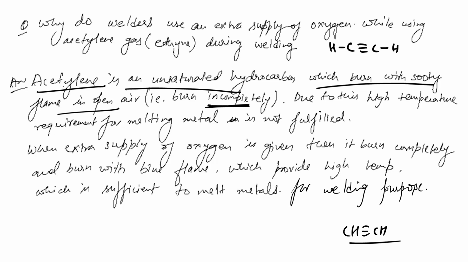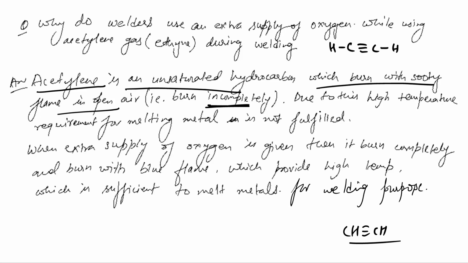The reason is, one, acetylene is an unsaturated hydrocarbon which burns with a sooty flame in open air, i.e. it burns incompletely. Due to this, the high temperature required for melting metal is not fulfilled. If something is burning incompletely, how can it give the sufficient temperature required to melt the metals?